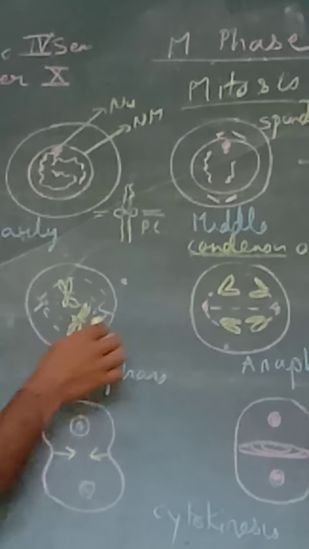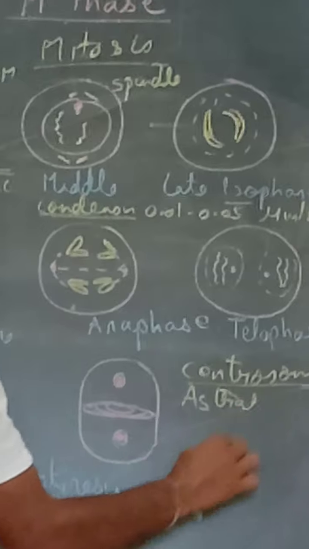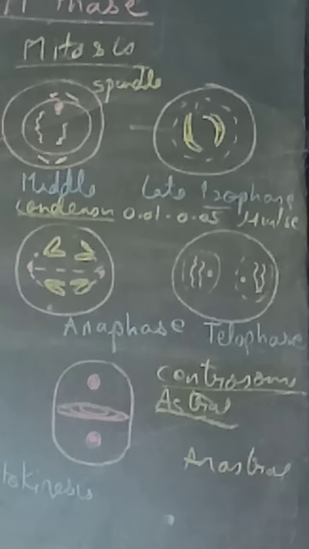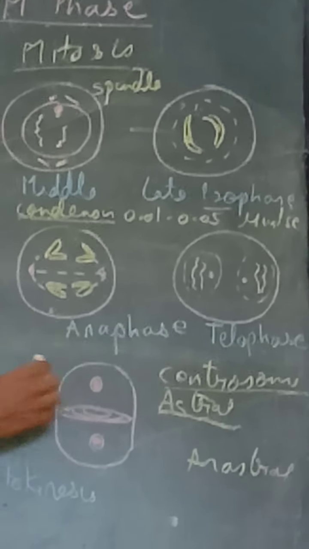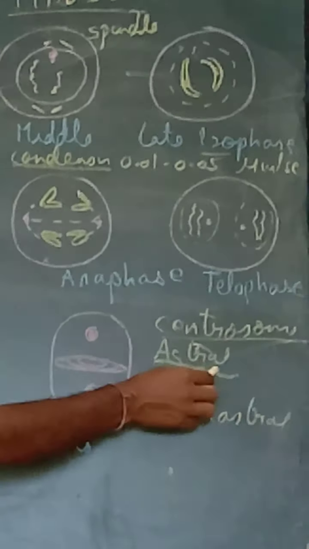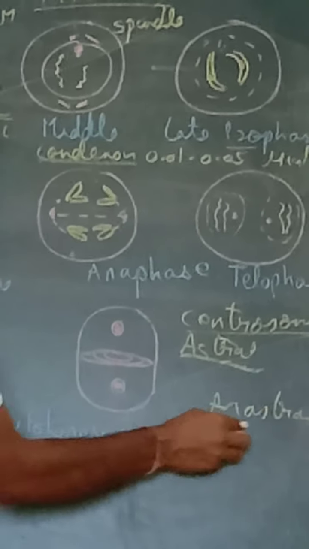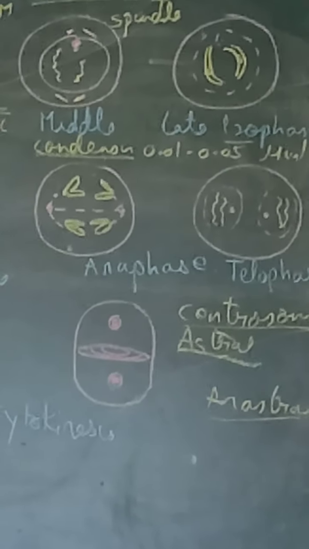Spindle is of two types, astral and anastral. Astral is one in which aster fibers are present, and anastral is one where the aster fibers are absent.